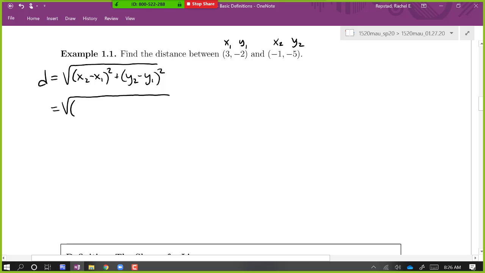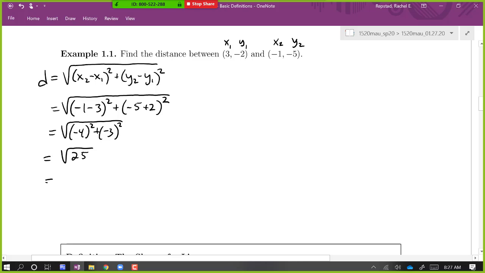So x2 minus x1 is -1 minus 3, squared, plus y2 minus y1 is -5 minus a -2, so that's +2, squared. Now we simplify. We've got -4 squared plus -3 squared. 16 plus 9 is 25, so we get 5.